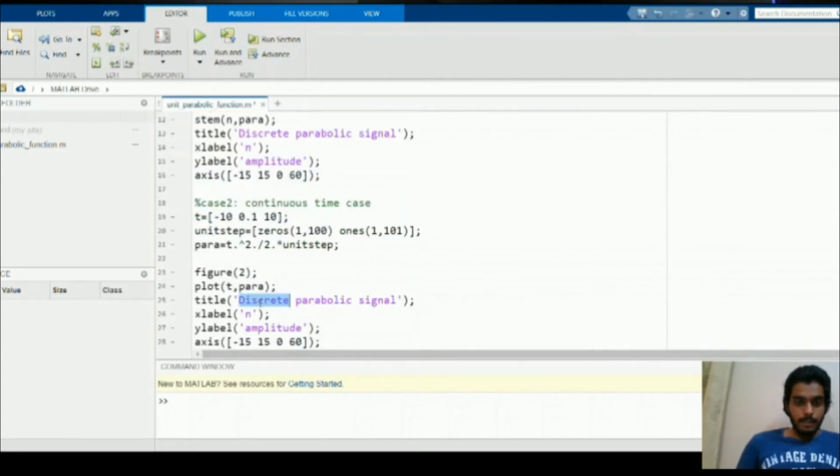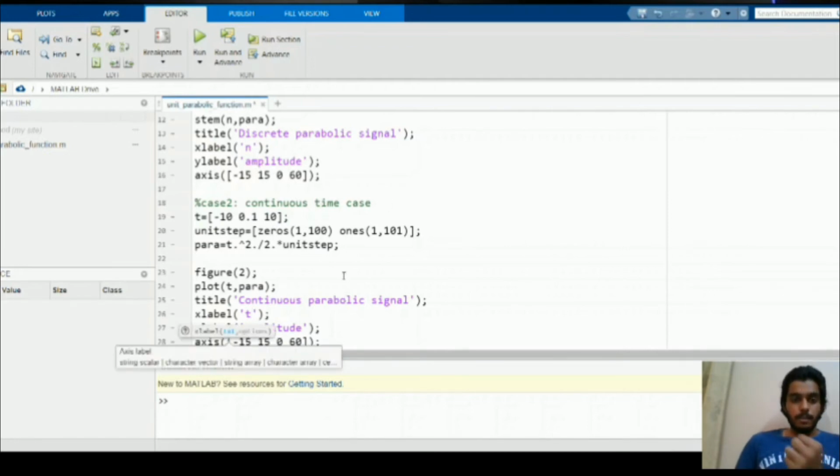Only the word discrete will change to continuous, so continuous time signal. The x label will now change to t, and the amplitude will remain the same. So now we have finished our continuous time case also.